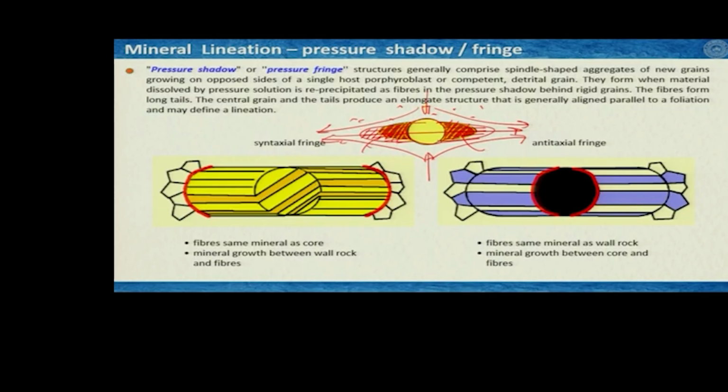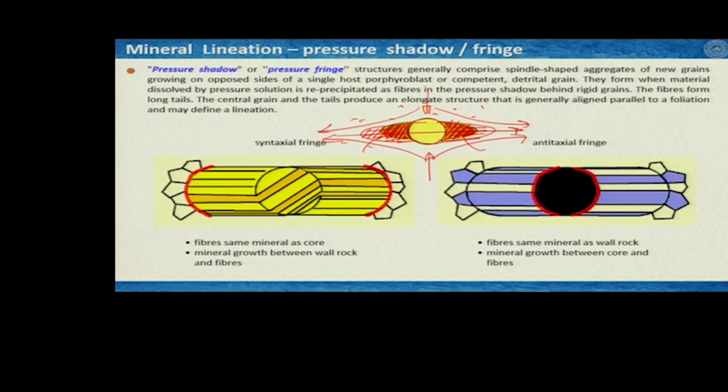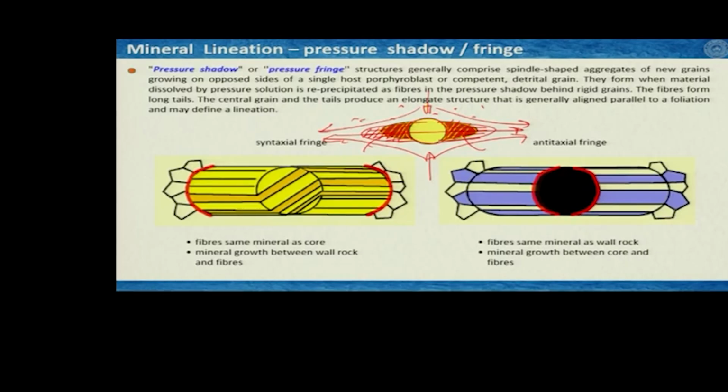So, if we have multiple of these, then you define a lineation which is known as pressure shadow mineral lineation or fringes. We will not go into the detail of the mechanisms of this, but there are two types of pressure shadow or fringes. One is syntaxial fringe and another is antitaxial fringe.